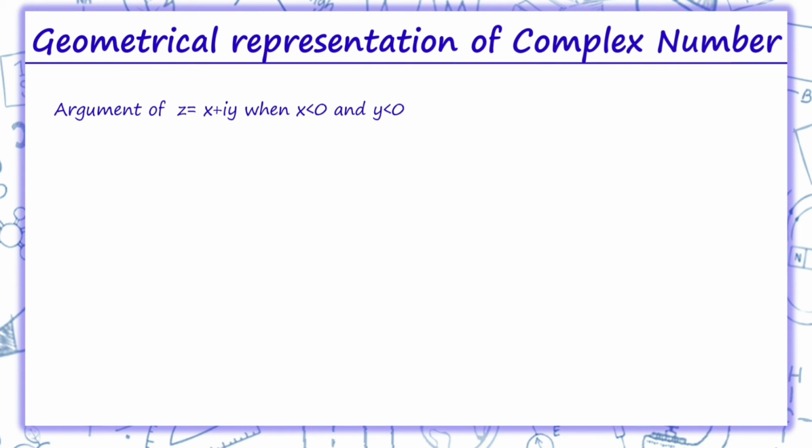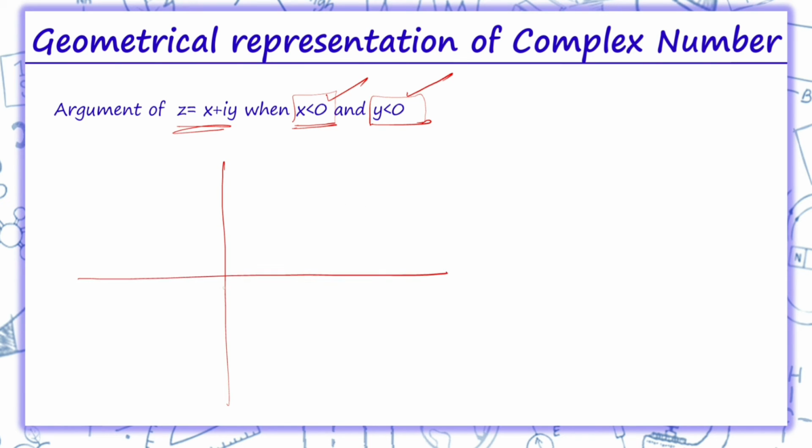Coming on to third, argument of z equal to x plus iy, but where x is smaller than 0 and y is smaller than 0. Now both are smaller than 0, that means this point will lie in the third quadrant. This is x, y. Now as we know, this angle with the x axis is alpha and theta is equal to minus pi plus alpha.